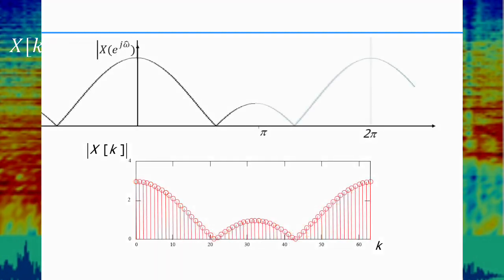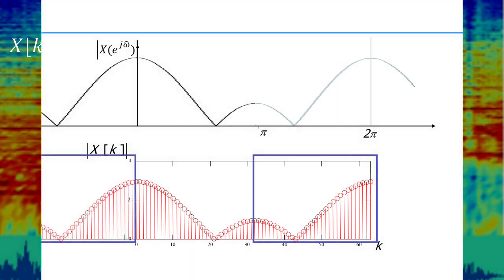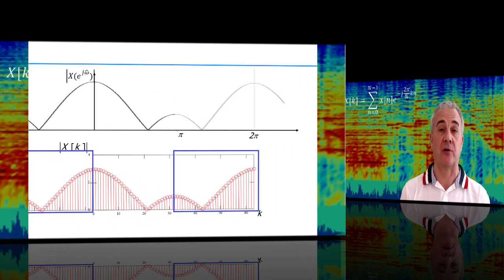Comparing the two, we see that the DFT essentially calculates the coefficients at sampled frequencies in the interval 0 to 2 pi. But of course, because of the periodicity, that also gives us the values for minus pi to 0. Once you start coding with the DFT, you should be aware of this aspect.